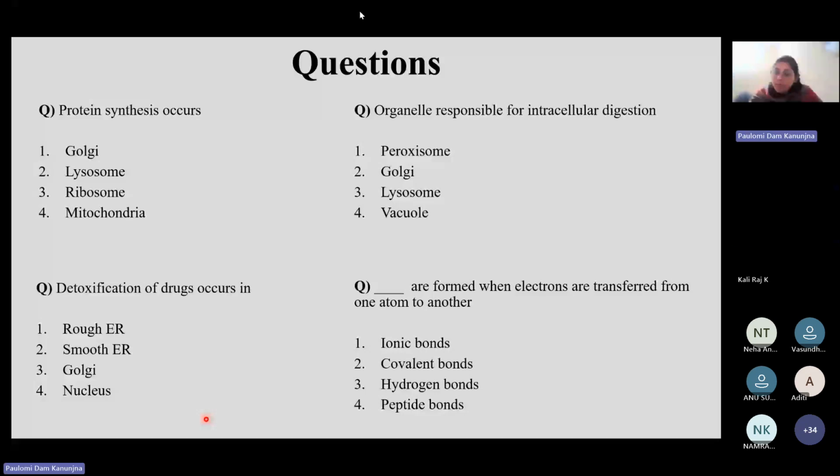SER, smooth ER, lysosomes. Okay, all right. That's great, really great. Everyone is already very well aware. So it's correct. Protein synthesis occurs in the ribosome. The organelle responsible for intracellular digestion is the lysosome. Detoxification of drugs is in the smooth ER. We already discussed this. And the last one is ionic bond.